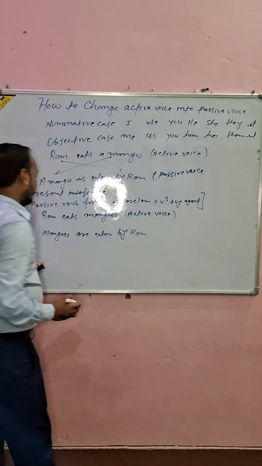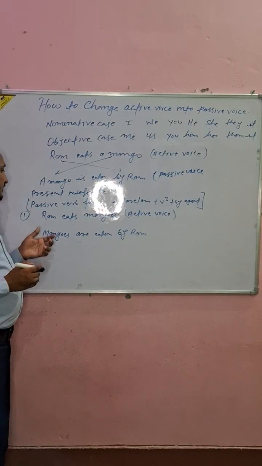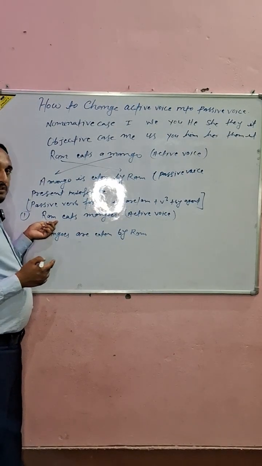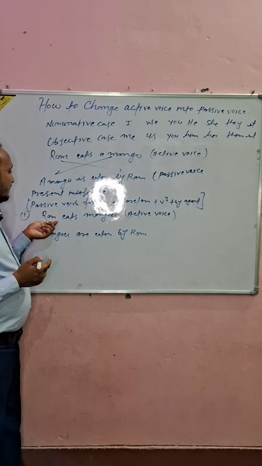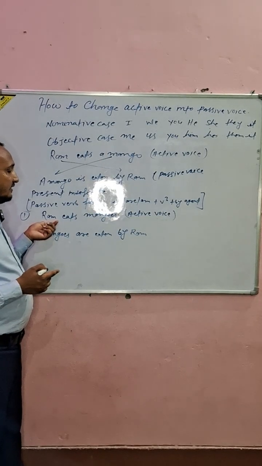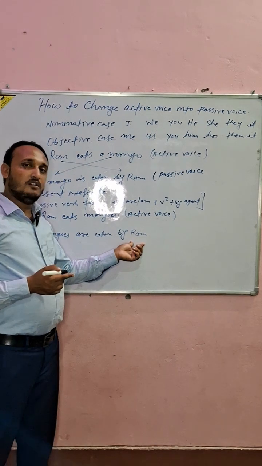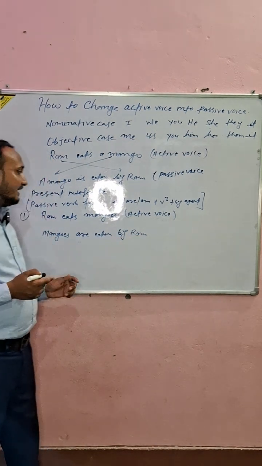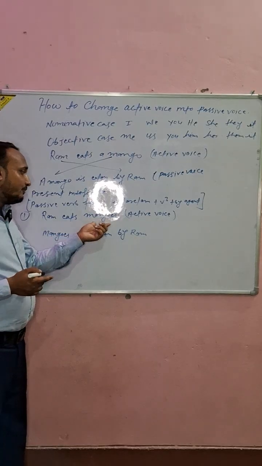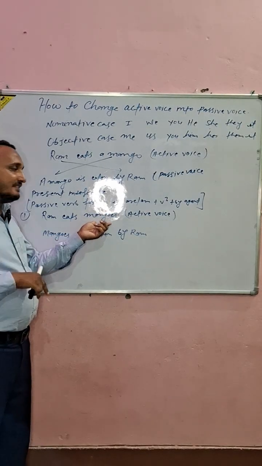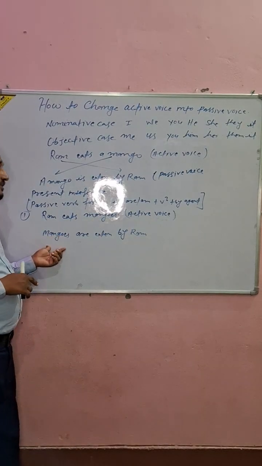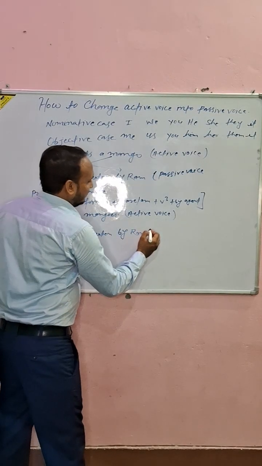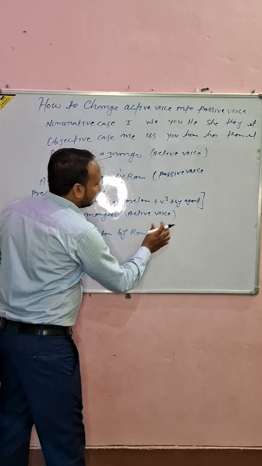Just before I told you, the subject of an active voice is changed into the object, or agent as we can also say, of a passive voice. And the object of active voice is changed into the subject of a passive voice. So this is also called the cross method.